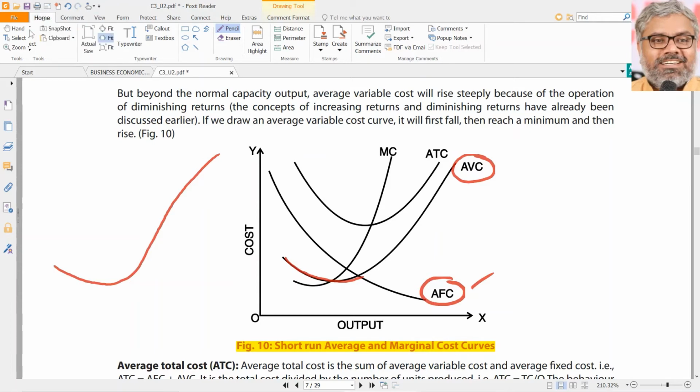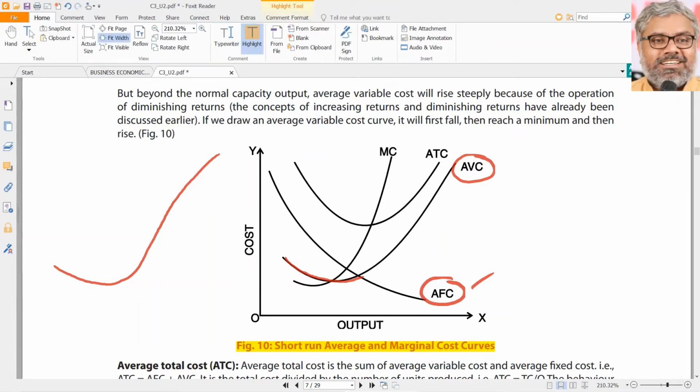But after the normal capacity output, the average variable cost will rise steeply. Why is that? Because the diminishing returns will start in that phase. Then the average variable cost will keep on rising. So in case of diminishing returns, when we say production, it was going downwards. When production or average product is going downwards, average variable cost will go upwards. That's what happens here in case of average variable cost.